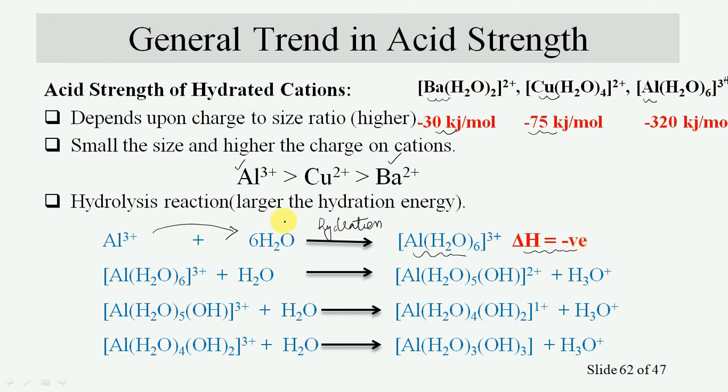This hydrolysis reaction depends upon the acidity of the cation. If the charge to size ratio is large, it causes more polarity of the OH bond in the coordinated water. As a result, the OH bond is easily broken, which ionizes with the release of H+ to form hydronium ions.